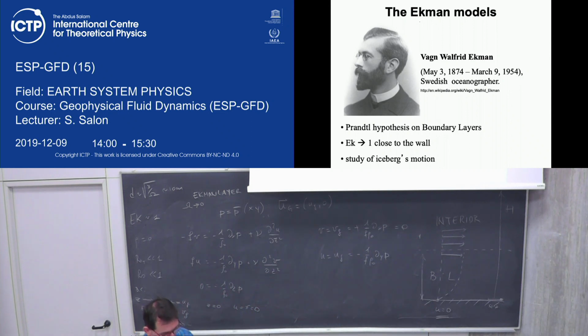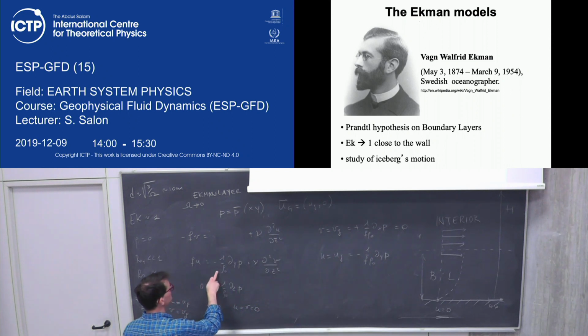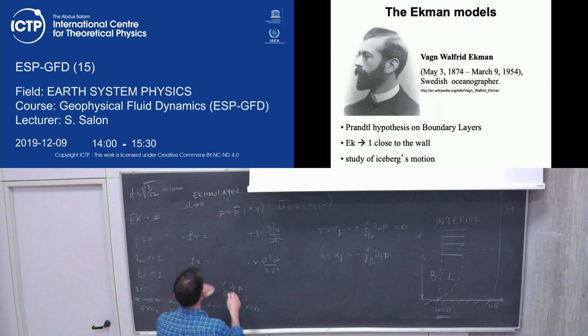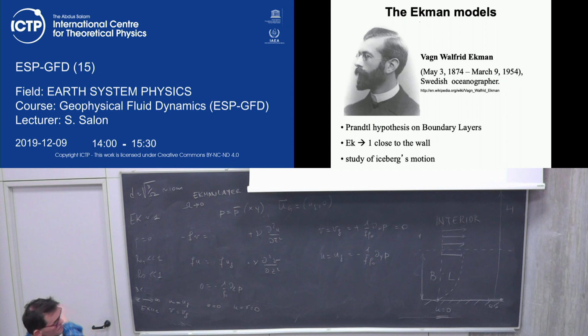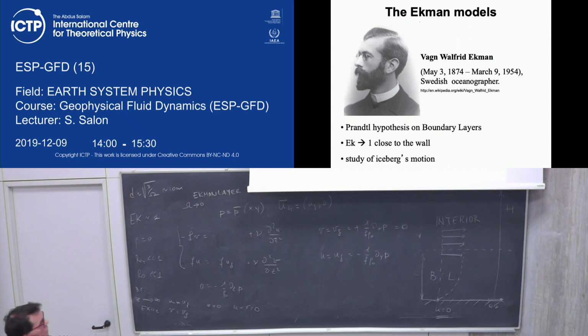So when we want to solve this equation, we can remove this, and we can substitute here f Ug. So at the end, what we have to solve is these two second order equations in U and V.